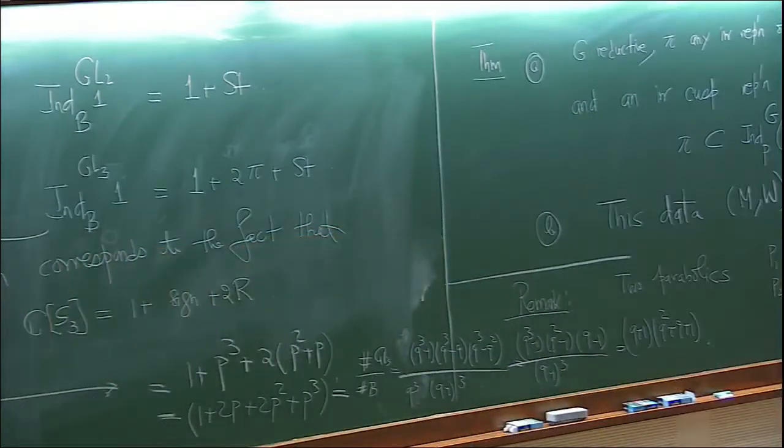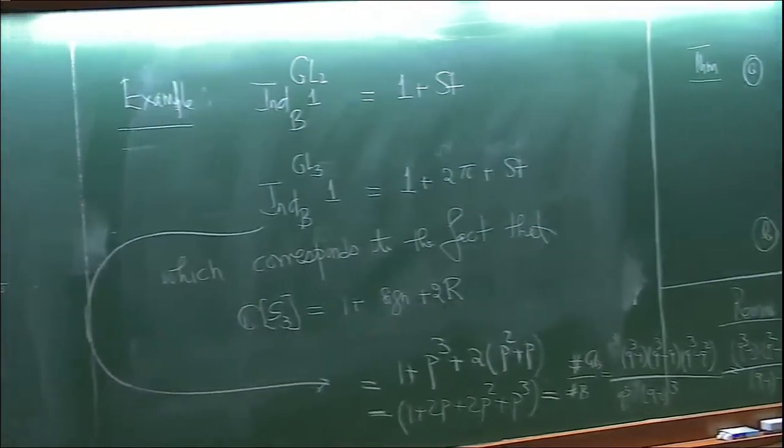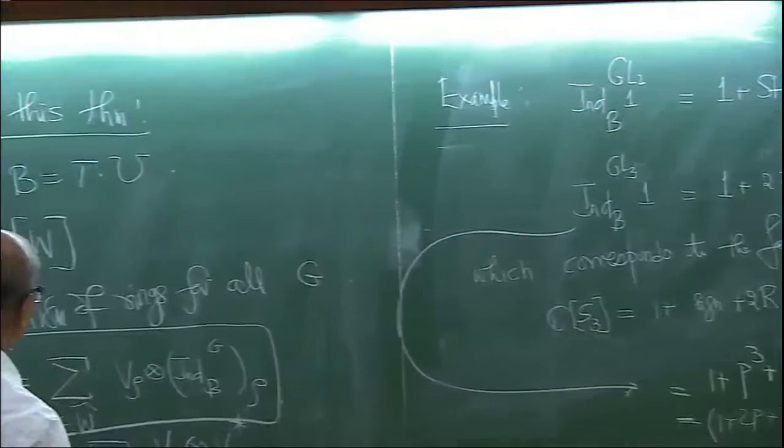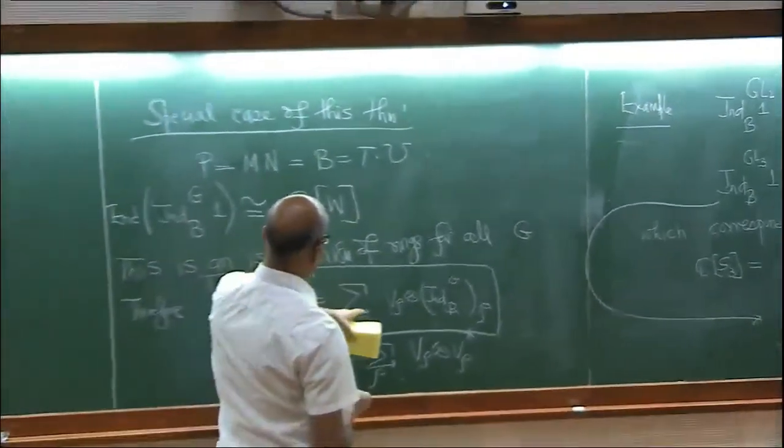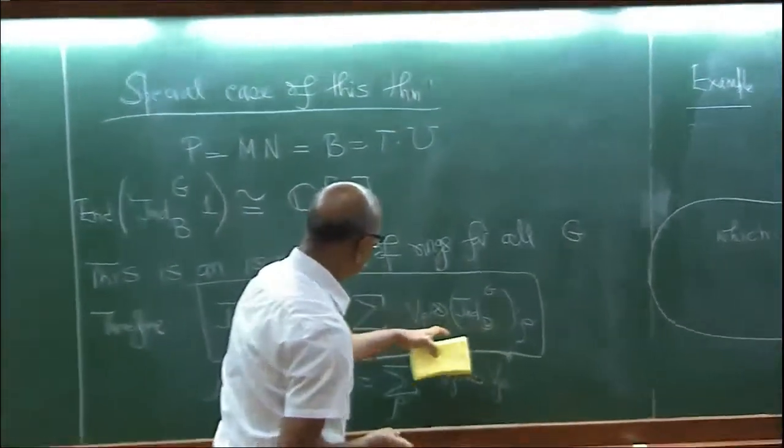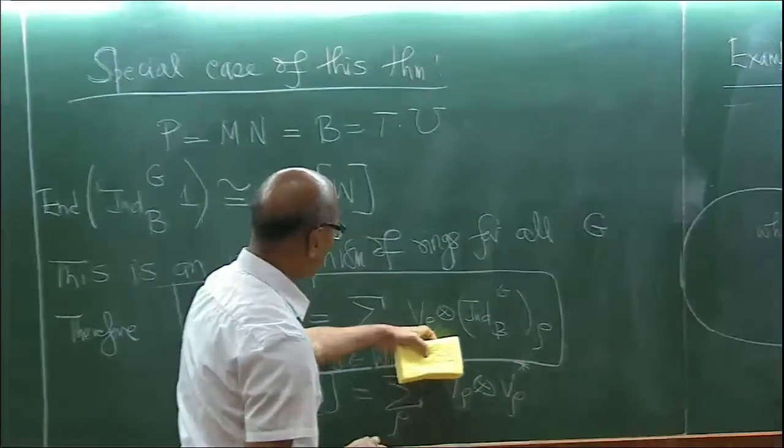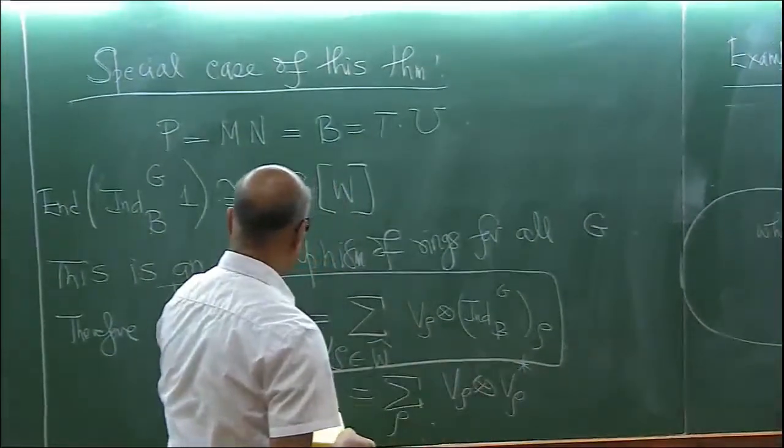I am saying that the endomorphism ring is isomorphic to CW. If you think about what that means, if you write it as a direct sum of irreducible representation isotypic components, this gives rise to V rho tensor V rho check, and this is CW.